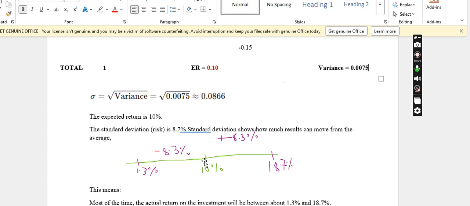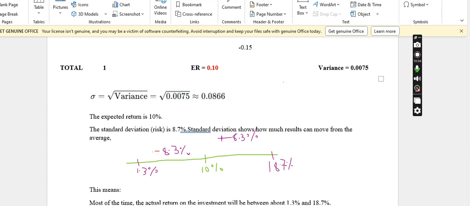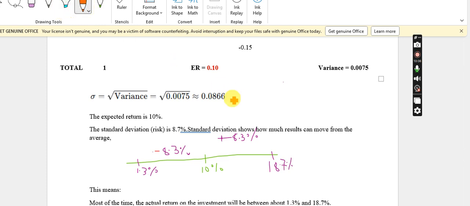But since we've got a standard deviation of 0.0866, this is 8.6%, or 8.7% if we round it off.